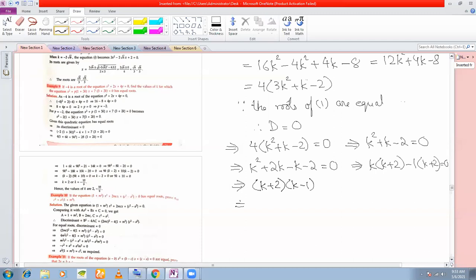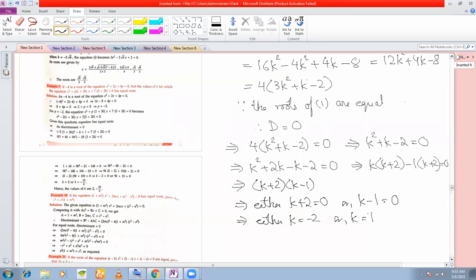So that means either k plus 2 is equal to 0 or k minus 1 is equal to 0. Means either k is equal to minus 2 or k is equal to plus 1.